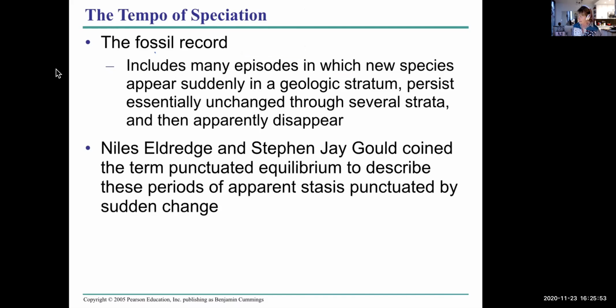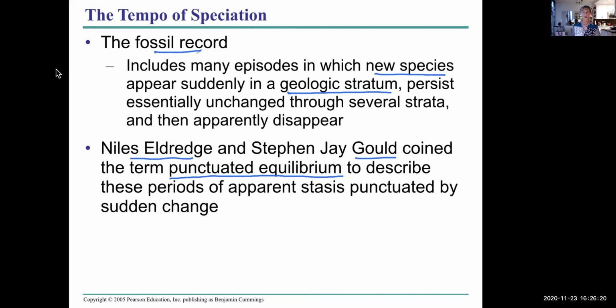Well, in a fossil record, there's lots of episodes in which new species seem to appear quite suddenly in the stratum. And then they persist unchanged through several strata, and then they disappear. Eldredge and Gould called that punctuated equilibrium. So apparent stasis punctuated by sudden change.